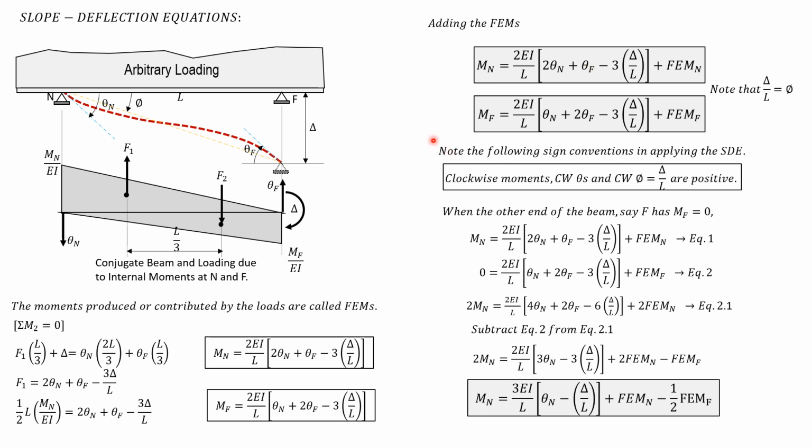If we have a beam, left point and right point, and there are moments at the left or the near end and the far end, then that means you have to apply this formula twice. But when one of the ends of the beam has 0 moment, then use this second equation, because the other end has 0 moment. So that's the meaning of these two.